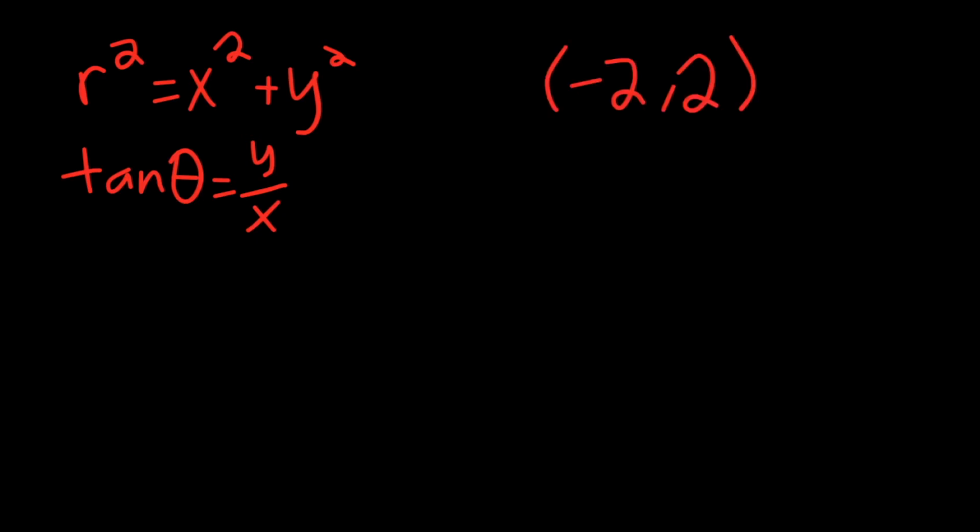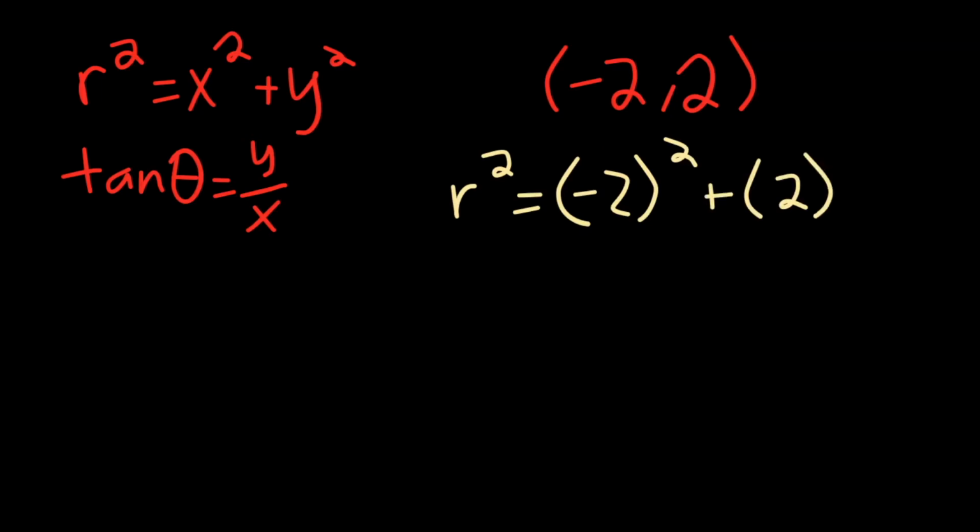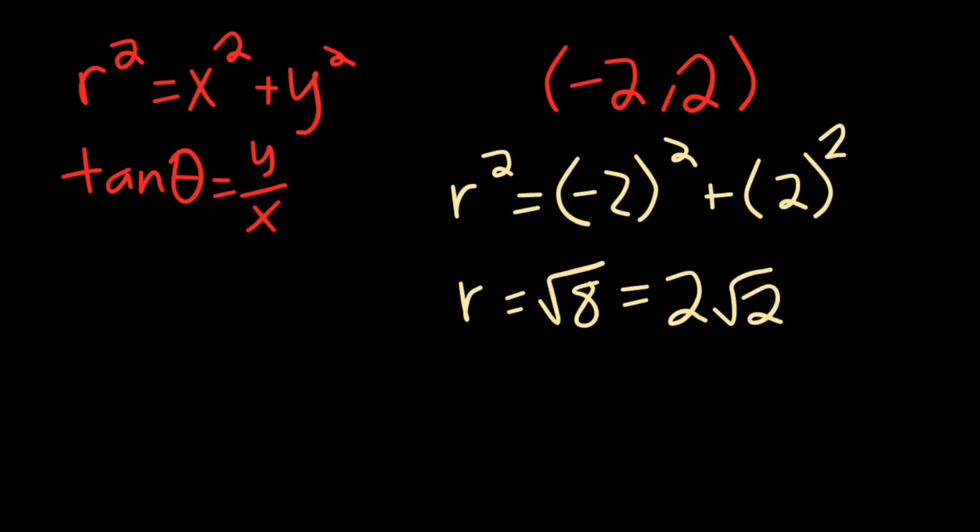Using a modified example from the textbook, if we have the rectangular coordinate negative 2, 2, we can plug both x and y into the first equation, giving us r squared equals negative 2 to the second power plus 2 also raised to the second power. Therefore, r equals root 8, which is also equal to 2 root 2.